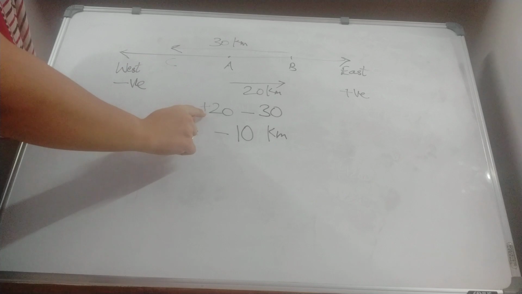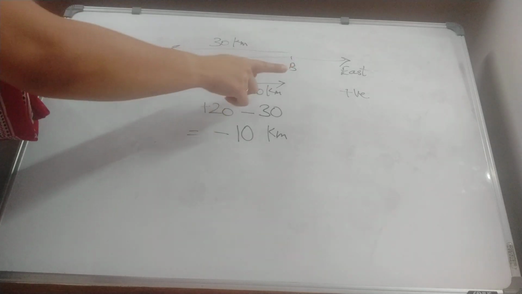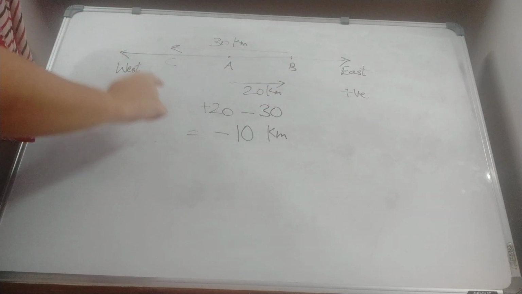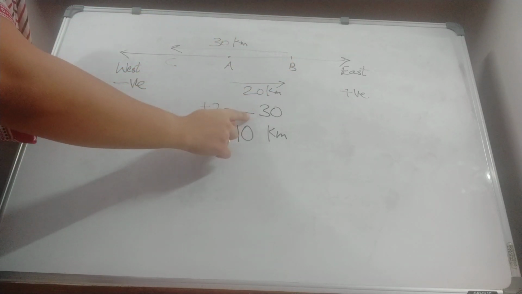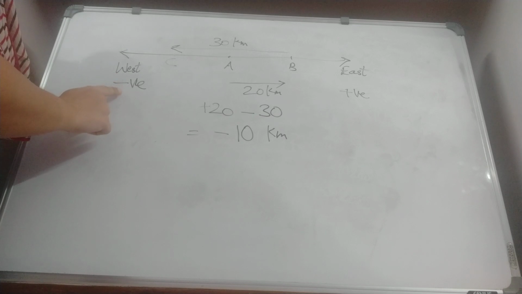So how did we start? We took plus 20 because she was going towards the east and it is given to be positive. And then she went from B, she went 30 kilometers towards the west. So we take it as minus 30 because west is given as negative.